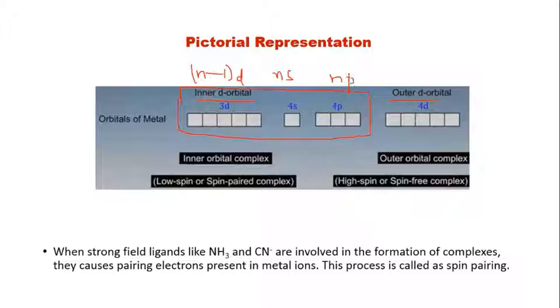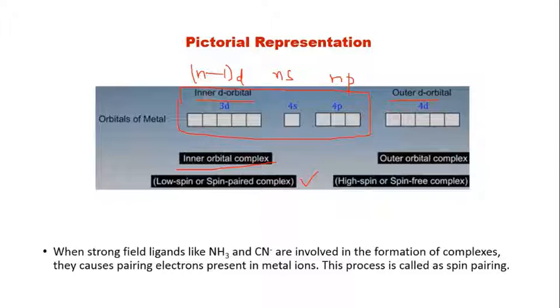The value of n is 4, so 4p, 4s, and you substitute 4 minus 1 is 3, so 3d. So (n-1)d, ns and np, if this set of orbitals is used for hybridization, this will result in an inner orbital complex and a low spin or spin paired complex.